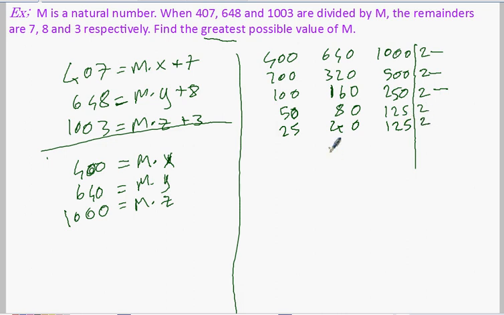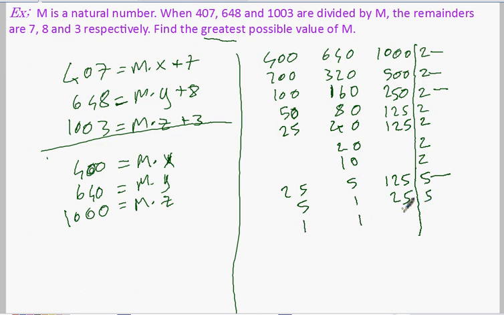I will keep continuing by 2: 20, by 2, 10, by 2, 5. I will keep copying those numbers till here, 125. When I divide by 5 one more time, 5, 1, 25. So these changed all. I will finish it by 5: 5, 5, 5 and 5, 1, 1, 1.